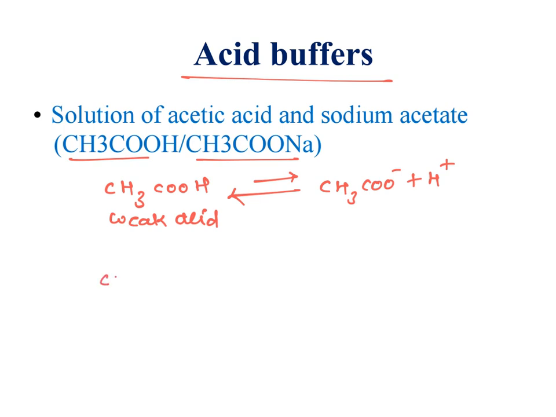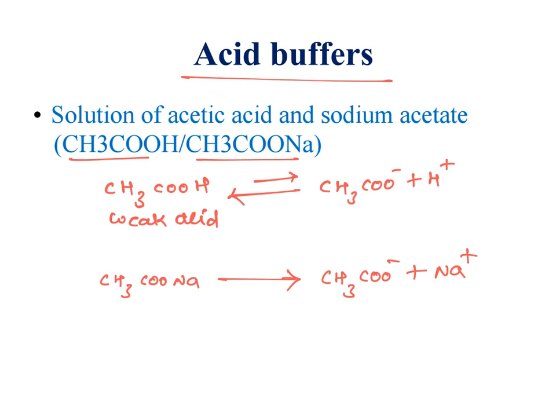Similarly, sodium acetate is a salt, an electrolyte which ionizes completely in water, converted into CH3COO minus and Na plus. So the acidic buffer dissociates in this fashion in the solvent.